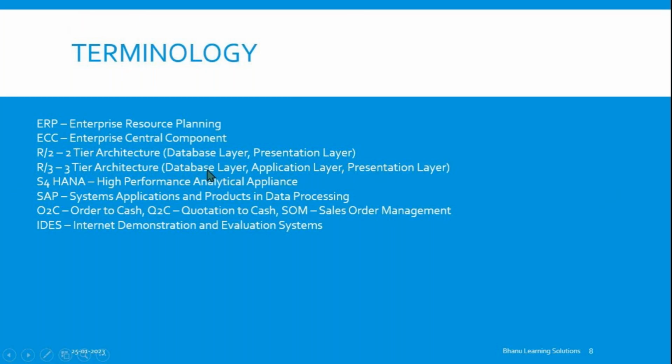So the database layer stores the data, the application layer performs all the related activities and programming, and the presentation layer is the one which we see in the front end. Then S/4 HANA, where HANA is High Performance Analytical Appliance. SAP stands for Systems, Applications and Products in data processing. This is order to cash, quotation to cash, sales order management.